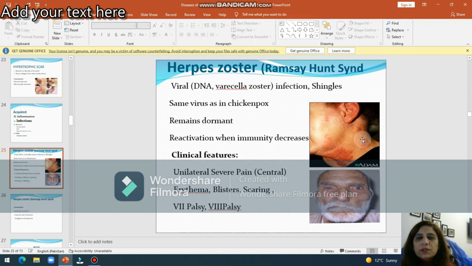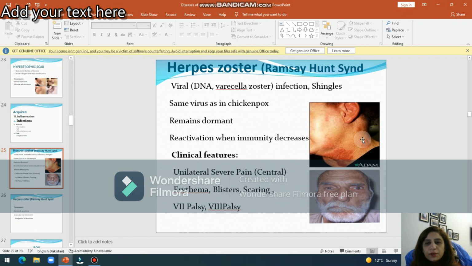After causing chickenpox, this virus may remain dormant in the body and then reactivate when the immunity of the patient decreases. So what are the clinical features? First of all the patient will feel severe pain, and pain will be unilateral. In cases of head and neck region, pain will be unilateral, meaning pain will be on one pinna.